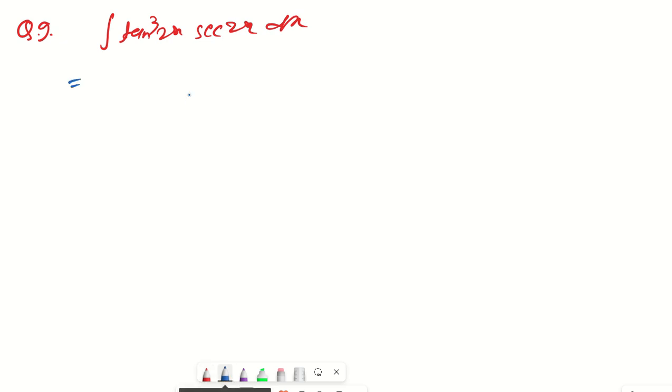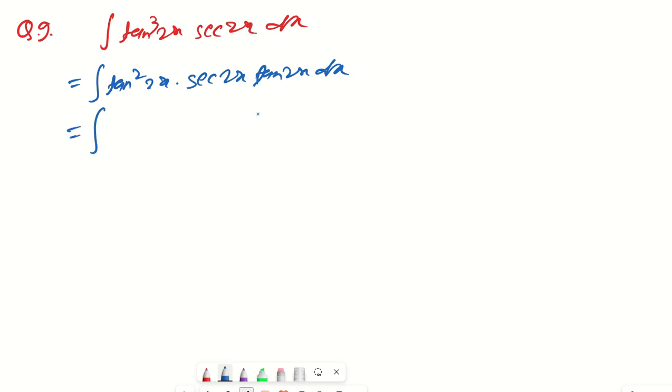Because we know the trigonometric identities, so according to that we can try to solve them, right? So can we do this one, integration of tan cube 2x, I can write it as tan square 2x into sec 2x tan 2x. So I have taken one of the tan 2x outside so that I can make it as sec x tan x kind of thing. Okay, so sec x tan x you already know, right?